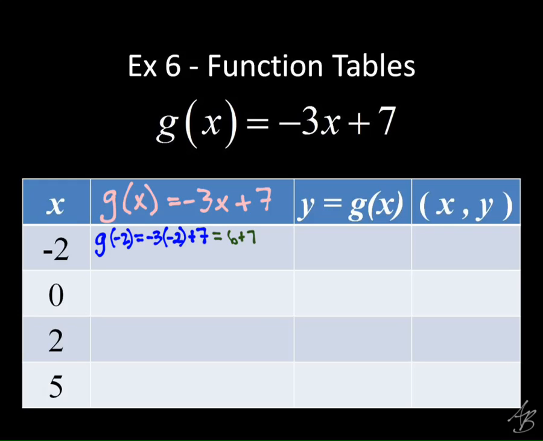So we have positive 6 plus 7, which is 13. So then in the next box over there, we're going to write that out. So we're going to write g of negative 2 equals 13. And then we can write that as an ordered pair. Negative 2, comma, 13. All right, so go ahead and try to finish this function table on your own.